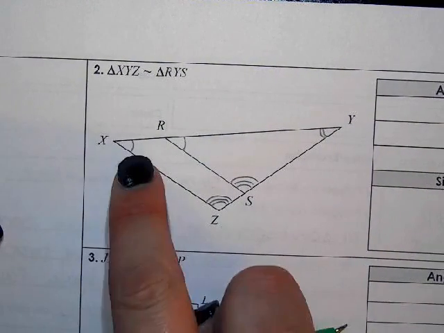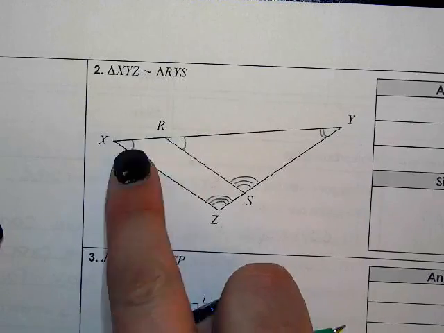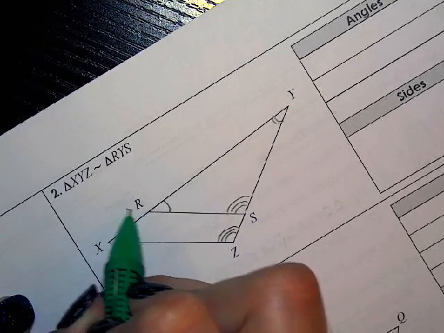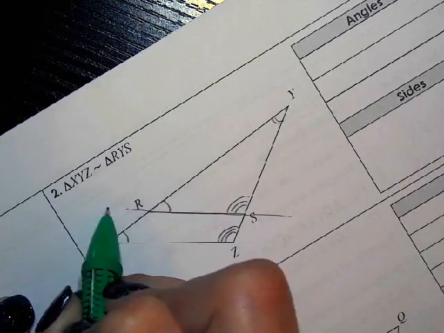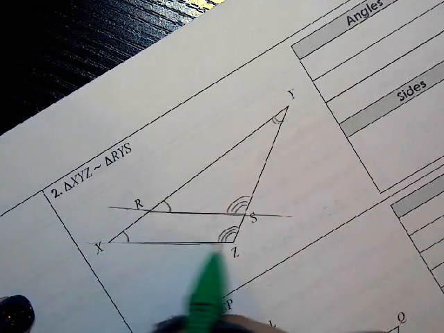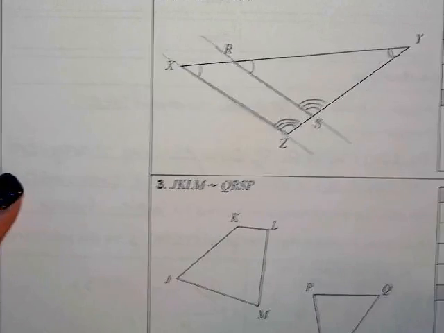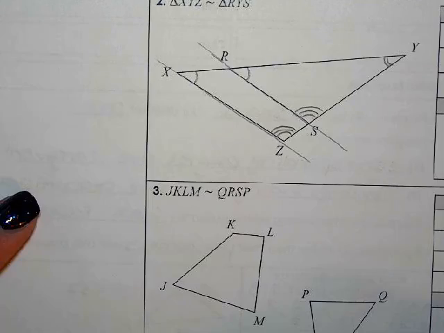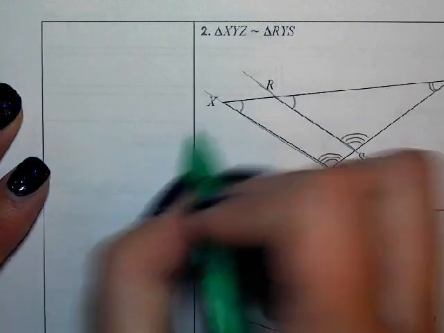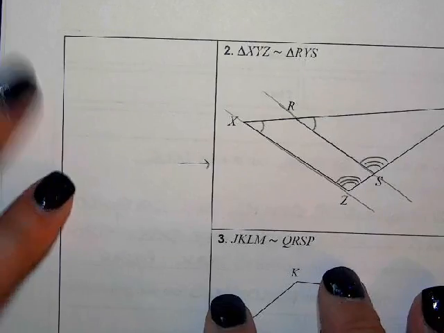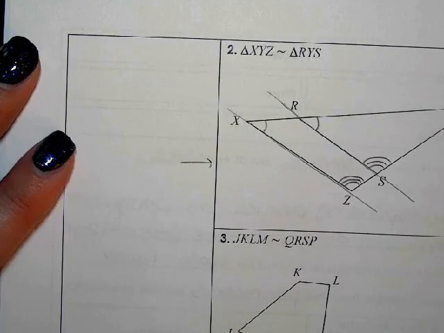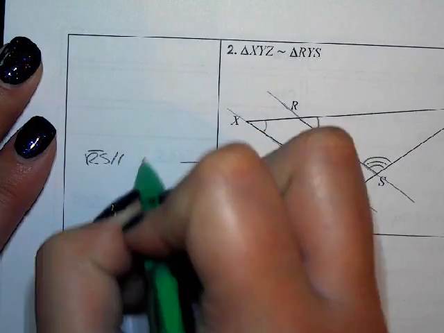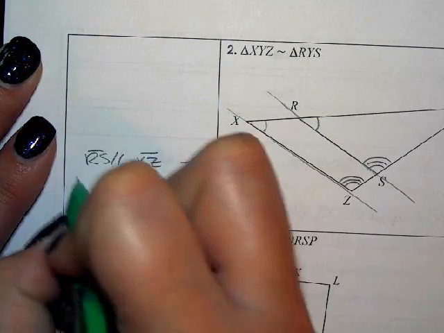And what conclusion can you make about RS and XZ? They're parallel. How do you know? Corresponding angles, but not corresponding angles, but you're close. Converse of corresponding angles.